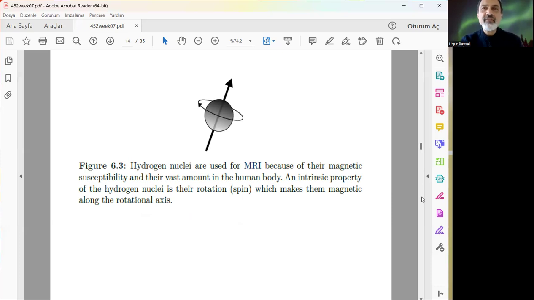More than 70% of our body is water, and other tissue biochemical molecules are all hydrocarbons, again having hydrogen, but in different molecular environments. That difference in molecular environment creates the contrast between tissues, and this shows medical experts the conditions of our body.